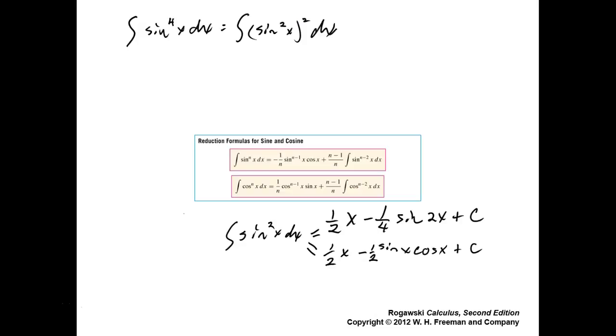Just written differently. Now, before we would have changed this to 1 minus cosine squared, and then expanded that, but I don't think it gets you anywhere to do that. Okay?